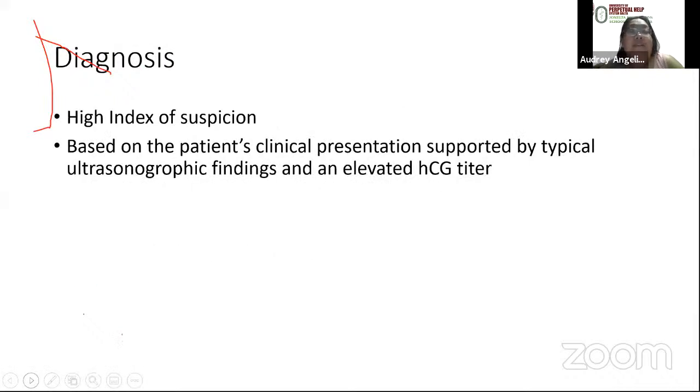Okay. So for diagnosis, you have to retain a high index of suspicion based on clinical presentation, supported by typical ultrasonographic findings and an elevated hCG titer, which we will see in our later slides.